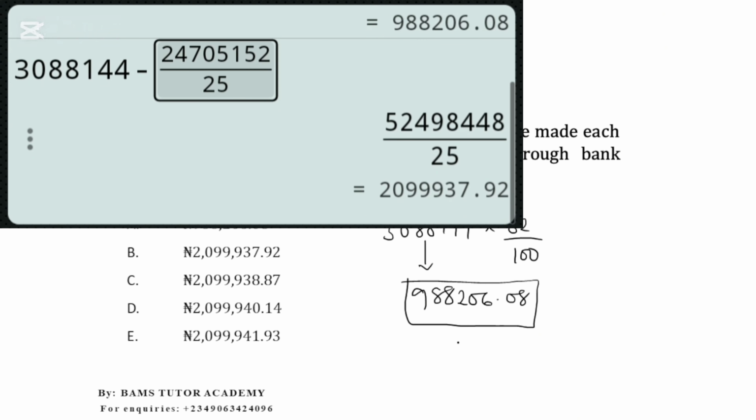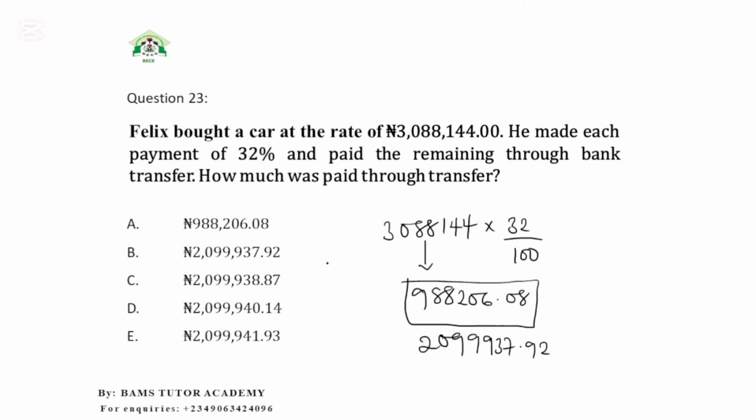That's going to be 2099937.92. So what option is that? Option B is the corresponding correct option. So that's how to solve question 23. So you have to be very good at percentages, just to play around with it.